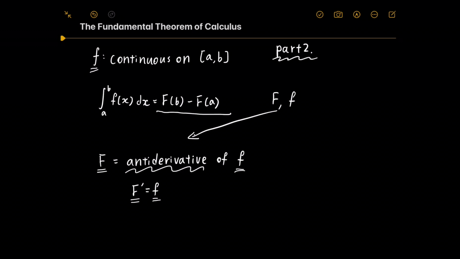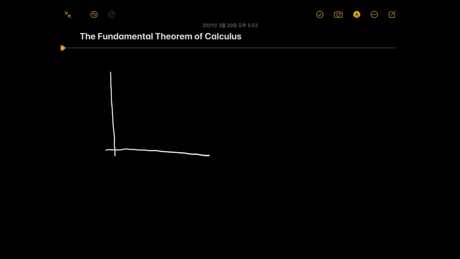This is the formal definition of the second fundamental theorem of calculus. I explained it verbally, but I guess this is not that efficient to convey the full concept of this theorem, so I'll explain this theorem visually.